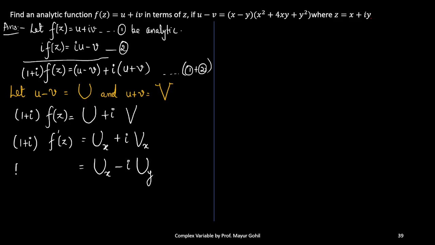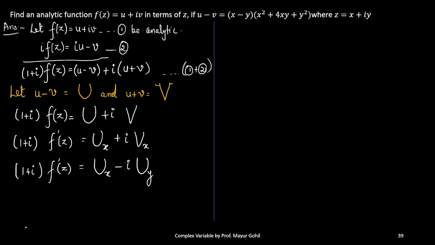The procedure is almost similar to the one we did when only the imaginary part or only the real part was given, but now there is a little change in the variable notation, with capital U and capital V coming into the picture.